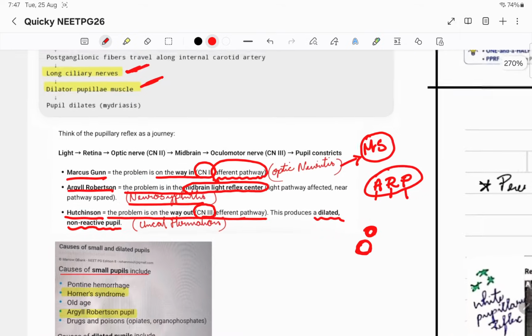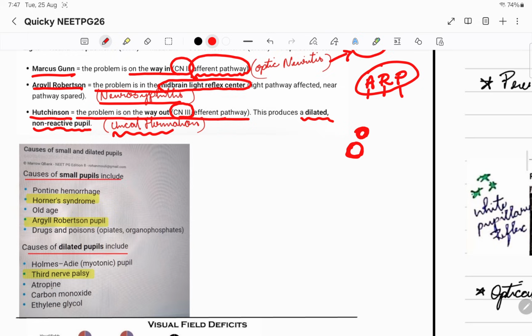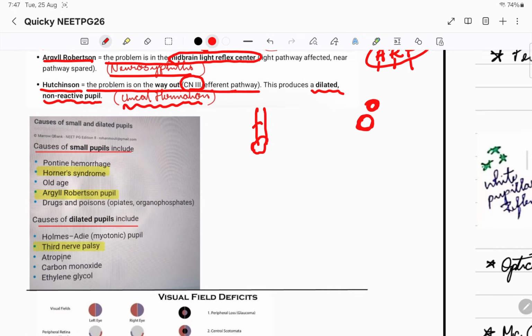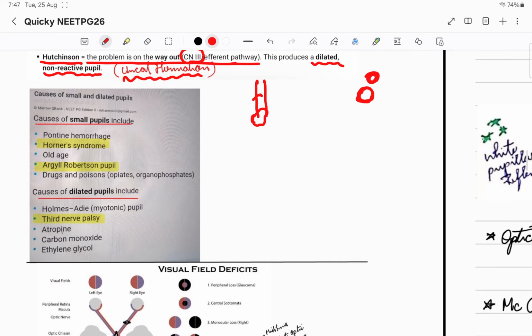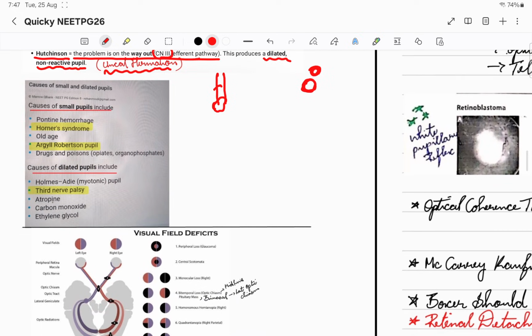This is what a Hutchinson pupil looks like, mainly because of uncal herniation. Uncal herniation happens in the brain, with herniation causing damage to the oculomotor nerve that is passing through.